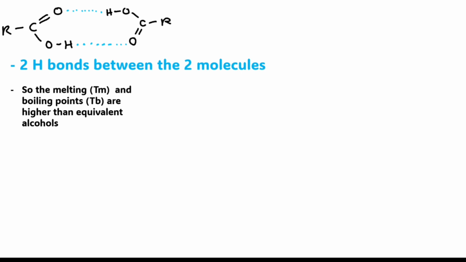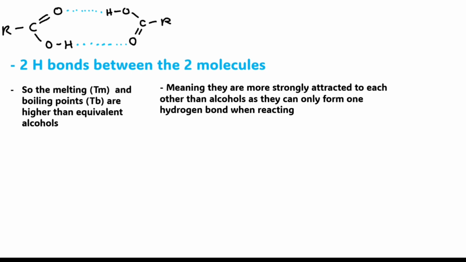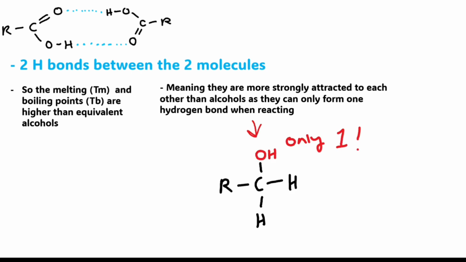They are higher because the carboxylic acid molecules are more strongly attracted to each other than alcohols, as alcohols can only form one hydrogen bond. This is because they only have one OH group. They don't have another oxygen. Whereas carboxylic acids have an oxygen and an OH group.